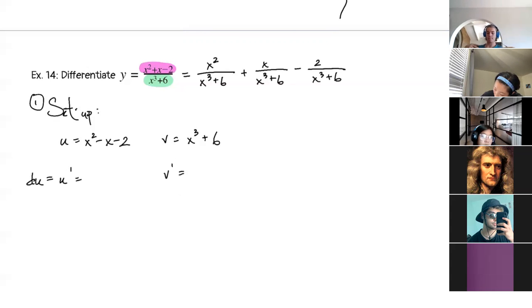And V prime is the same as dV. Okay, so take a moment, figure out your derivative for the top, figure out your derivative for the bottom. And when you find those, throw those into the chat.